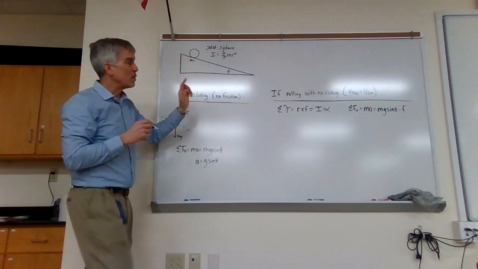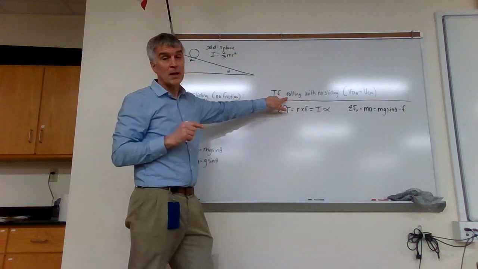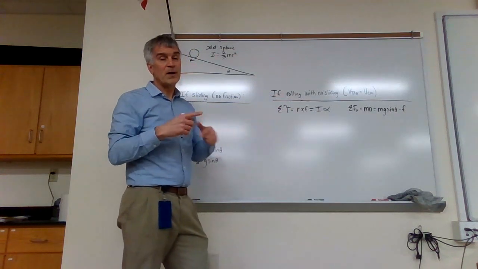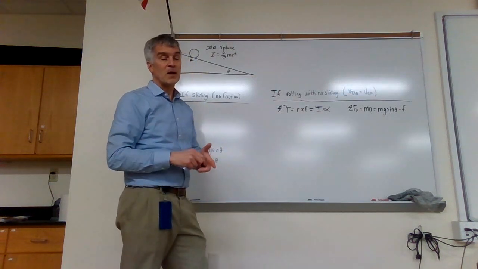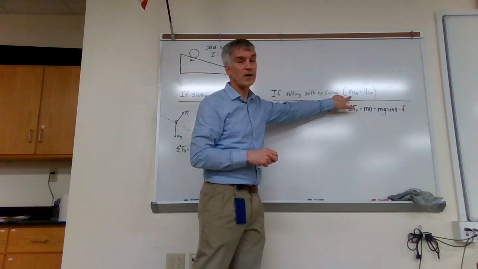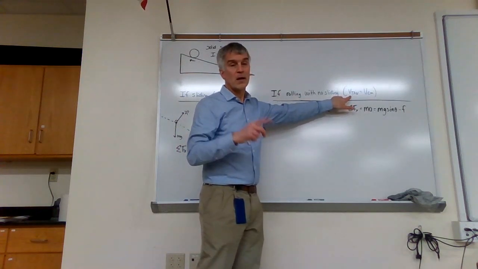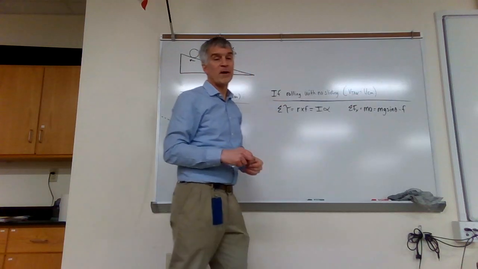Now, what we want here is we want the ball to roll and not slide. So if there's not enough friction, the ball will roll a little bit, but it'll still slide some. So we want enough friction so that the tangential velocity at the edge of the ball and the velocity of the center of mass are the same.